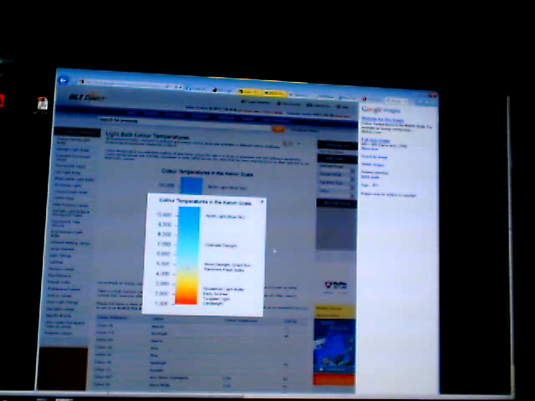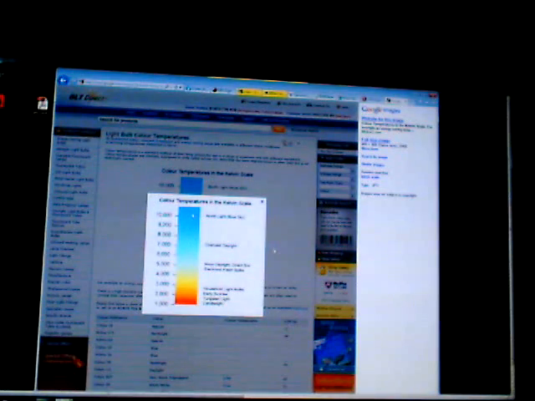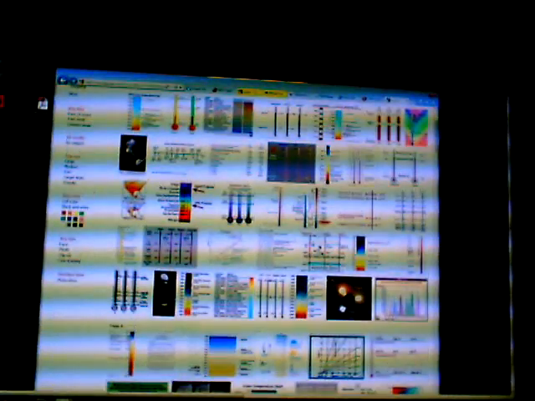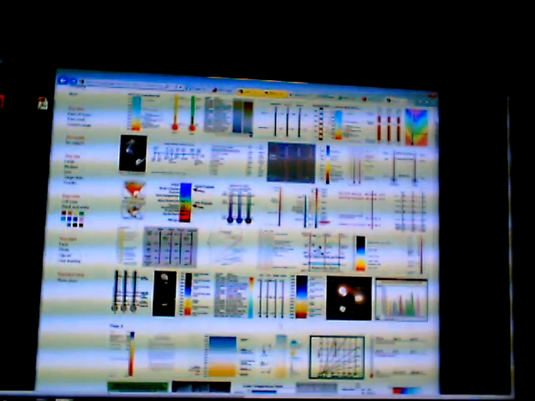Daylight is going to be right around 5,000, 5,500 K, and as you go up here, you get into these cooler lights.